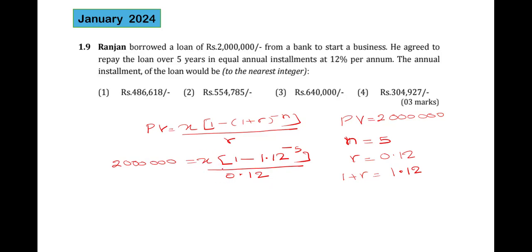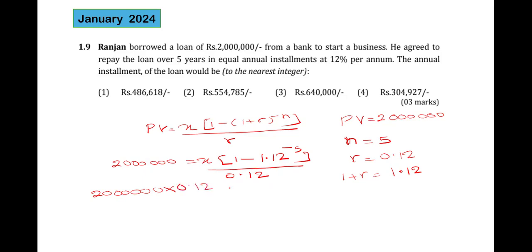How to make X the subject? All these values go to the left hand side. 2 million, 0.12 is the denominator, so it goes to the right hand side and becomes the numerator. That means otherwise it is division, it becomes multiplication.